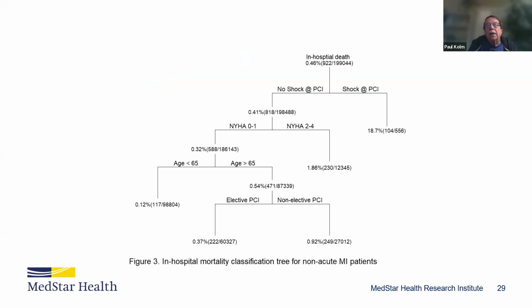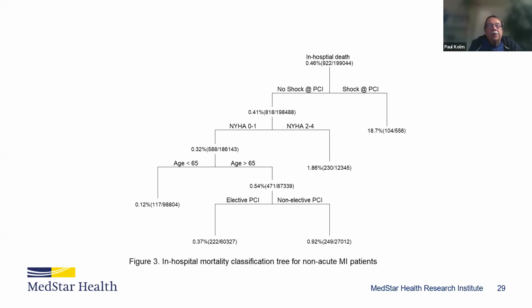In this case, those with shock form a terminal node in and of itself. With no shock, we get a split based on the New York Heart classification, and then age at 65.